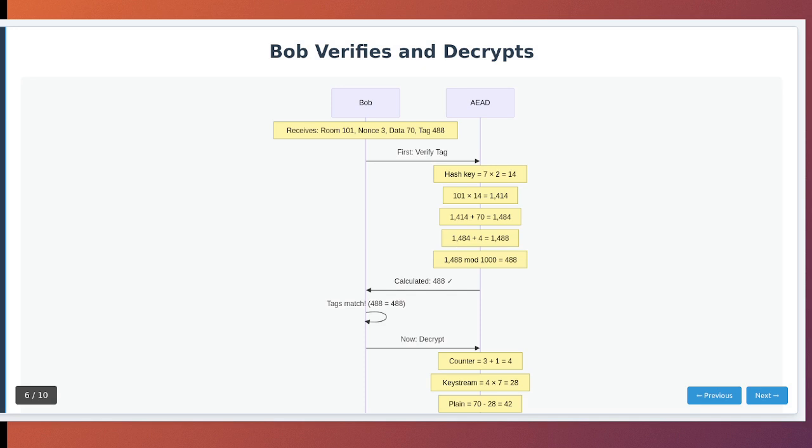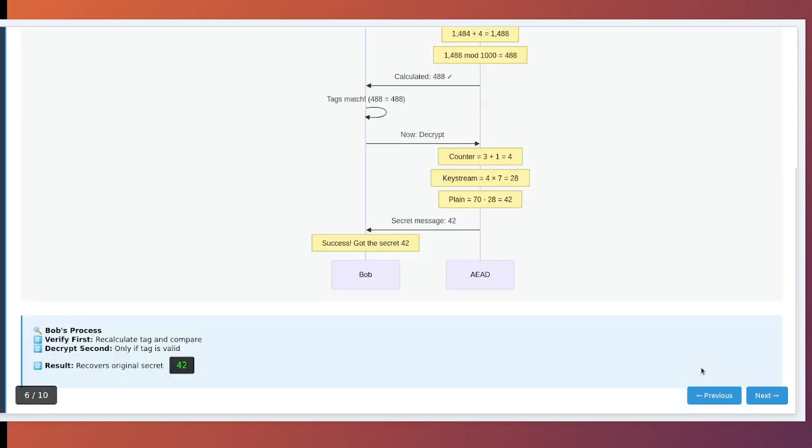Finally, he takes modulo 1000. 1488 modulo 1000 equals 488. Bob's calculated tag 488 matches the received tag 488. This confirms that the message hasn't been tampered with. Only now does Bob proceed to decryption.